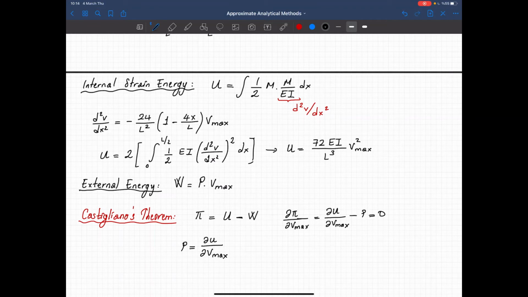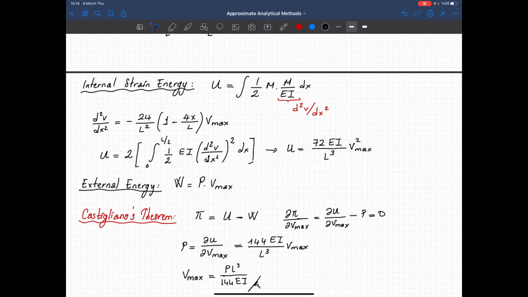And when you calculate that, that's equal to 144 EI over L cubed Vmax. And I'm obtaining the maximum displacement in the structure as P times L cubed divided by 144 EI.